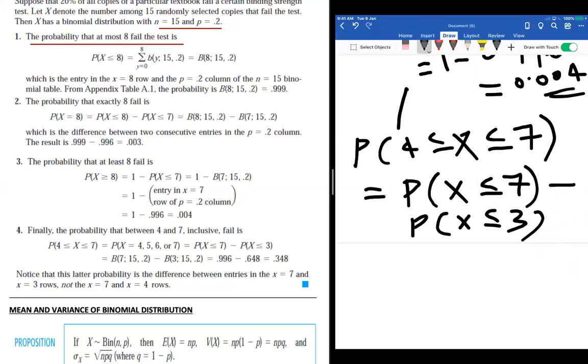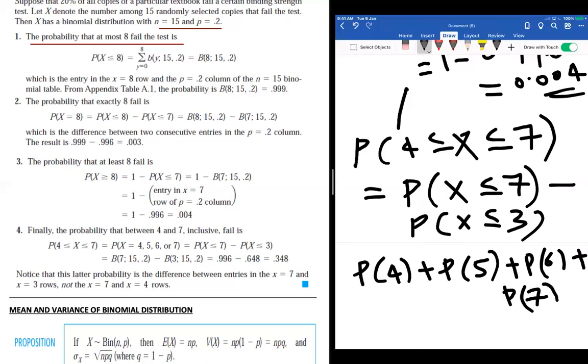This is nothing but P of 4 plus P of 5 plus P of 6 plus P of 7. P of x less than or equal to 7 is P of 0 plus 1 plus 2 up to 7, minus P of 0 to 3, which leaves 4 to 7. This can be calculated using the table.